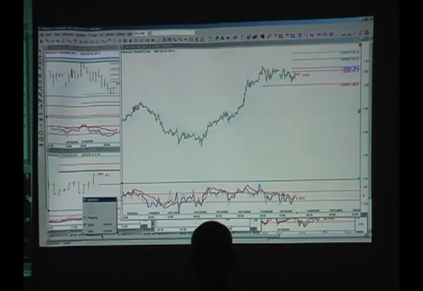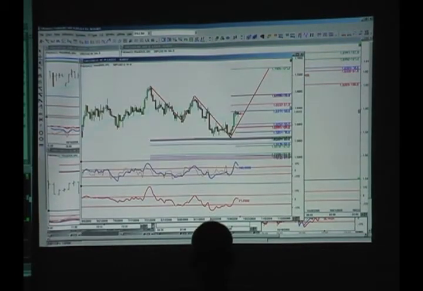Here, I'll show you. Let me turn the expansion tool back on. The symmetry resistance was low to high from this low. And you see that broke? We had a close above it. This is the GBP USD.